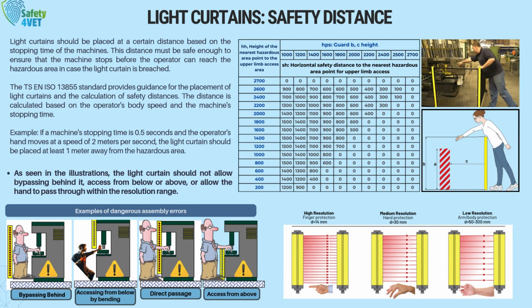Light curtains are safety systems that use optical beams to prevent access to hazardous machine parts. When the light curtain is breached, the machine stops immediately, preventing workers from accessing dangerous areas. This system provides a high level of safety, especially in areas with presses and moving machine parts.